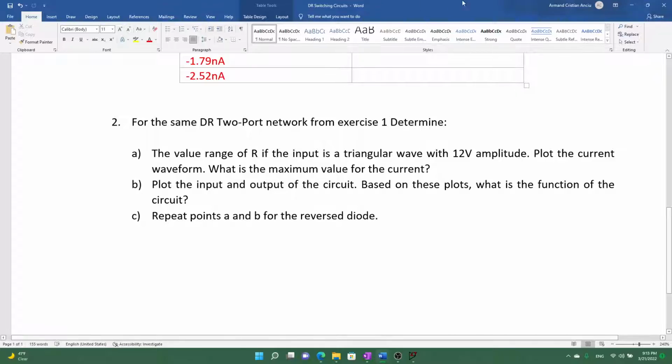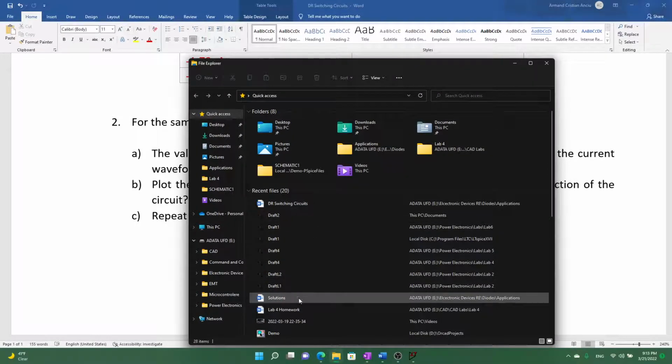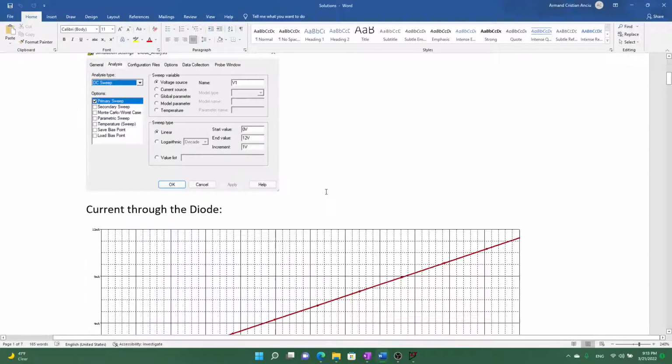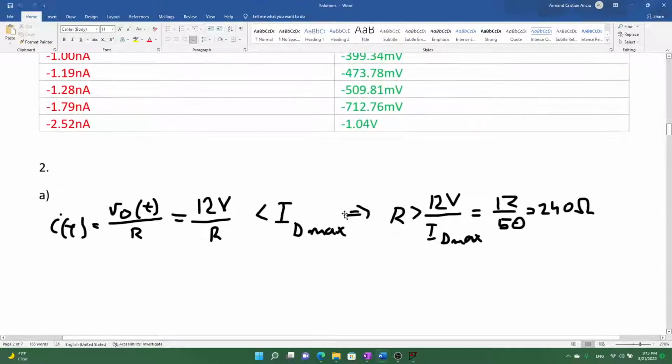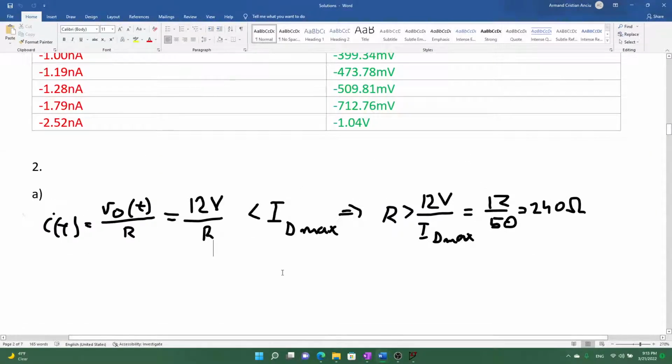And actually I'm going to show you the solution to this exercise because I've already solved it. Solutions. If we go a little further down, this is the answer for point A of this exercise.